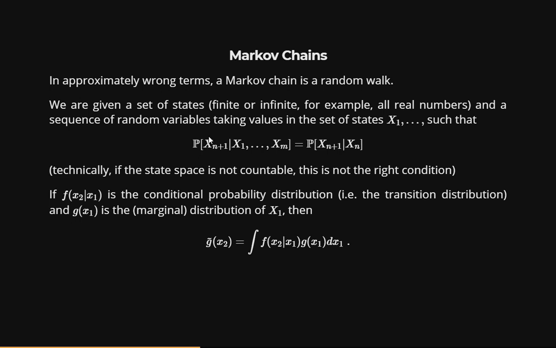Now, these random variables have some probability densities, some probability distributions. How do you change from one to the next? Well, with the conditional probability formula. So if you have the conditional probability distribution, which is the distribution of x2 given x1, in a way it is the probability of going from x1 to x2.